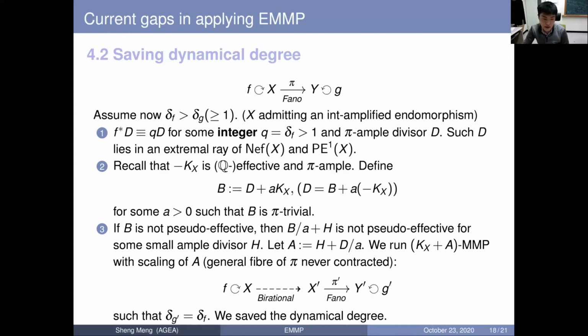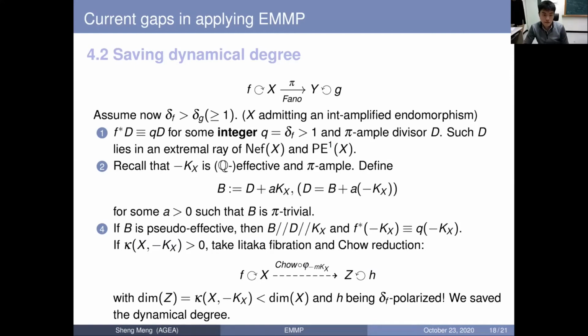Okay, let's look at the counter case. If B is pseudo-effective, we rearrange this equation. We say D equals B plus a times minus K_X. Note that a is positive, so this one is pseudo-effective, and B is pseudo-effective by this assumption.